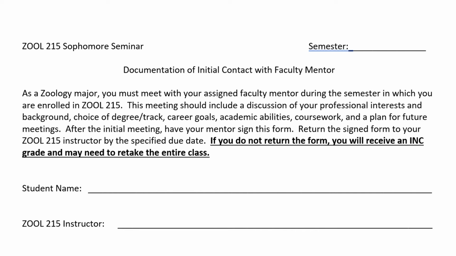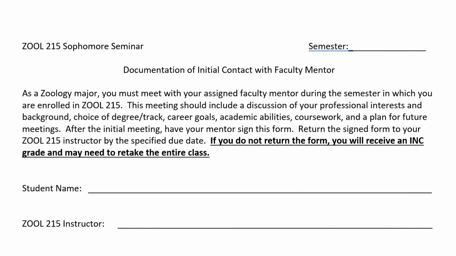One thing you're going to have to do is go talk to a faculty mentor once we've assigned him to you. So you hand in this advisement form that you have already. We've already handed this out, or you can get this off D2L. You fill that out, get that to me by February 12th, and then what I will do is send this to the person who's in charge of our zoology mentor program, and they will get you a mentor.